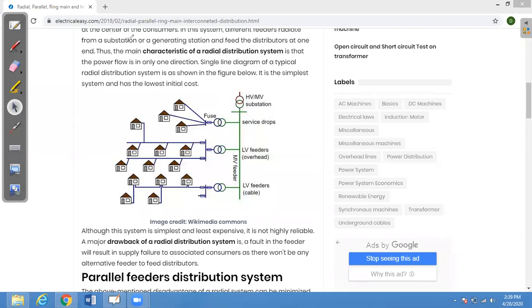Now let me first explain what a radial system is. In a radial system there is a single supply that I am drawing here, and from this single supply each load is being fed.